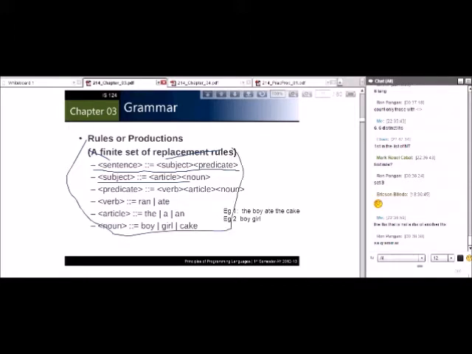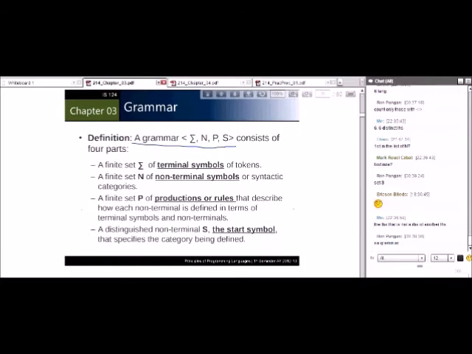So all of these are your productions or rules. Okay. Then set S. Now what is this set S? A distinguished non-terminal S, the start symbol that specifies the category being defined.